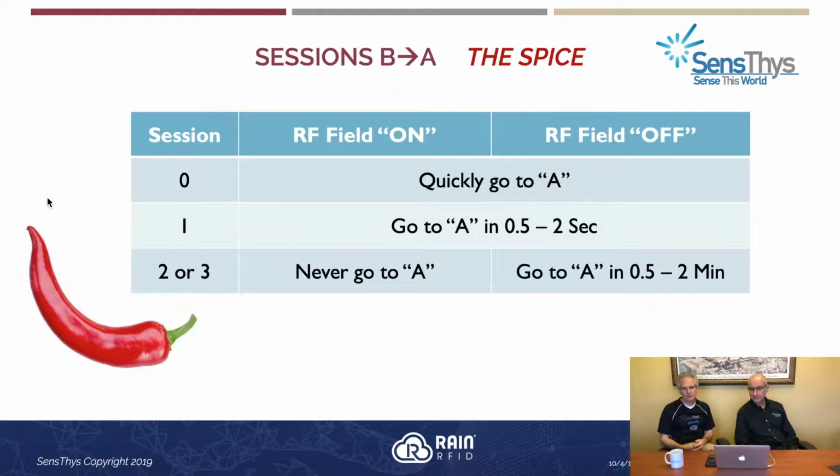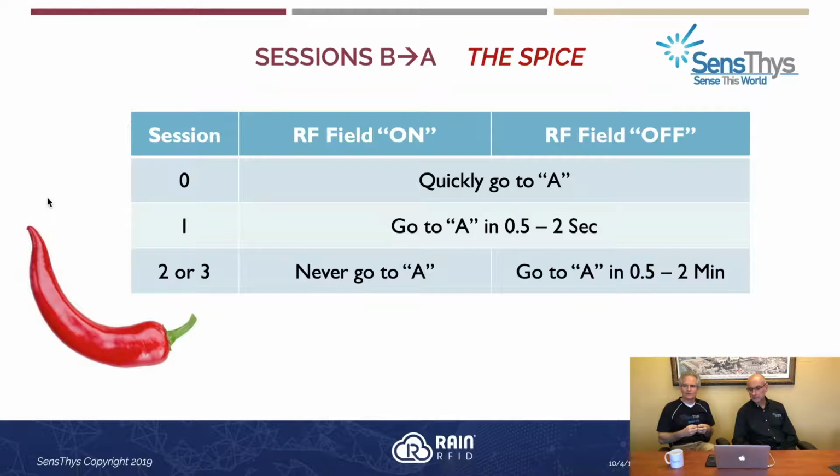And 2 or 3 are sort of special because once they've given up their information, they head up to B, and if they're in the RF field, they'll stay there. And even when you take the RF field out for a minute or so, they're still in B before they come back. And so this gives you a lot of latitude to do different things.